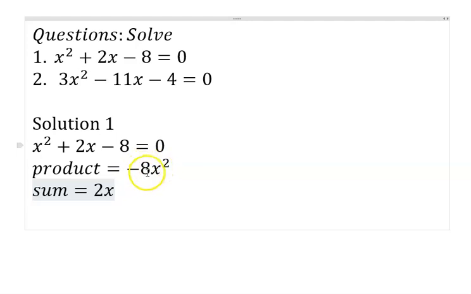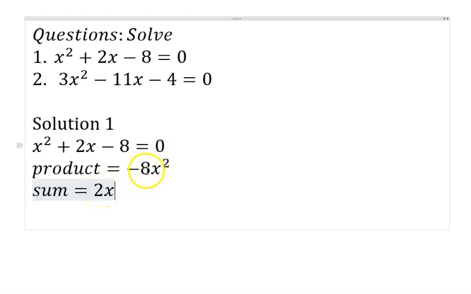But what I always do is just look for two numbers that can multiply to give you 8. Then you see how you can manipulate them so that when you add them, they give you 2. So 1 times 8 can give you 8. But 8 minus 1 or minus 1 plus 8 will not give you 2, irrespective of how you place the sign.